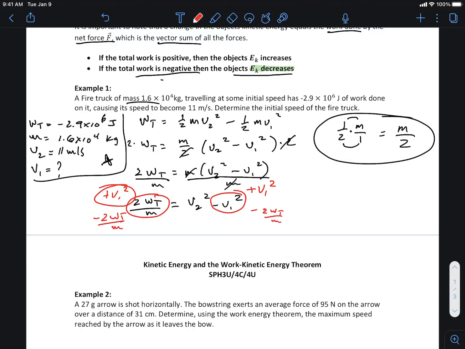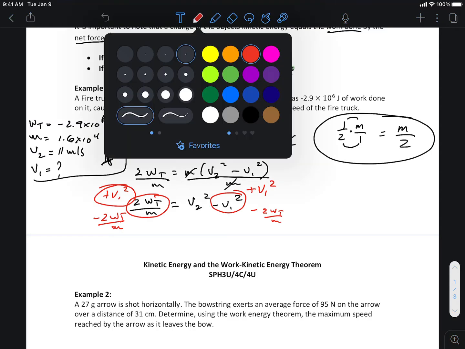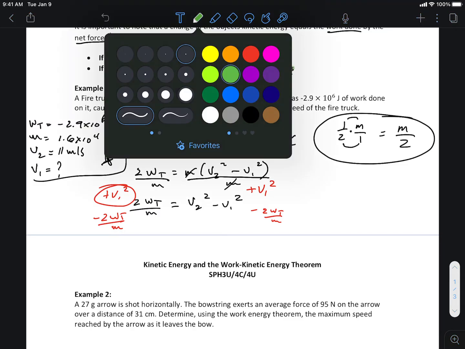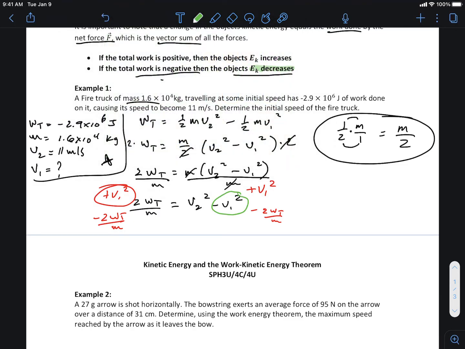All I'm doing is zero pairs, moving things from one side of the equation to the other. If you don't like zero pairs, the faster way is to take the v1 and move it to the other side, and when I do that, it has to change signs. I did that here as well. It has to change signs.